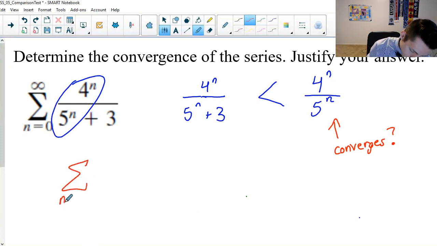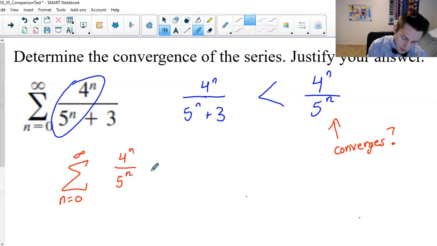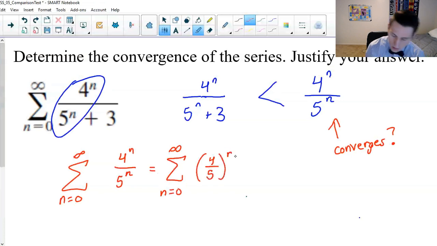Okay, so let's do this. The first thing I'm going to note is that 4 to the n over 5 to the n I could write as 4/5 to the nth power.